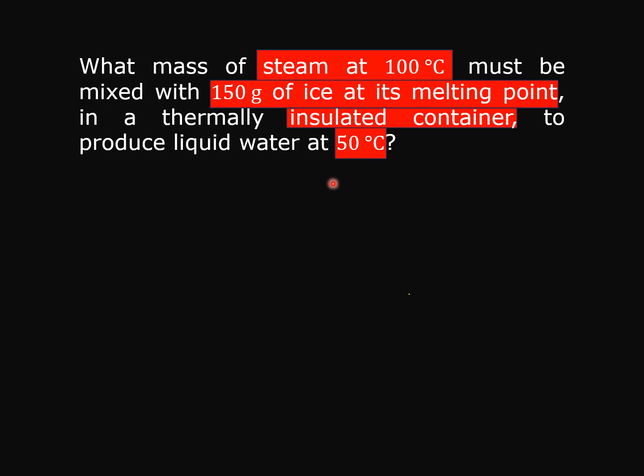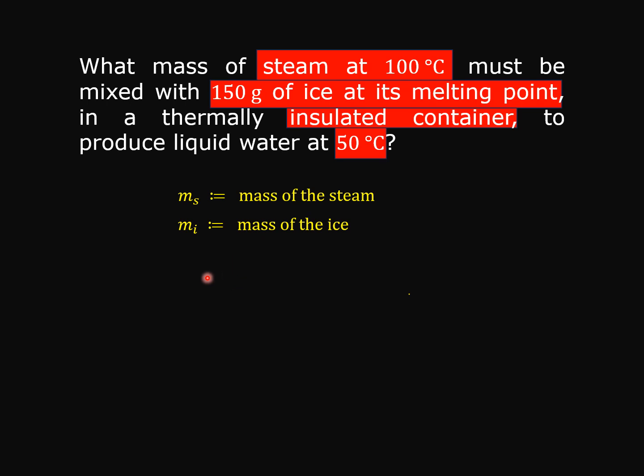As a result of the heat exchange, finally, the temperature of the system is 50 degrees C. This is the temperature after the system attains equilibrium, and the state is liquid water.